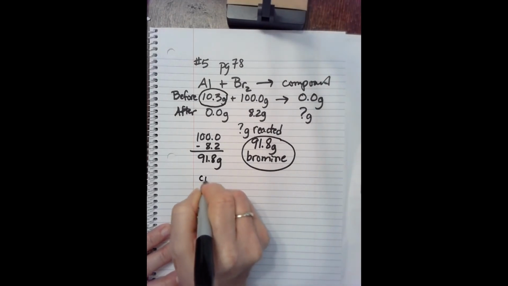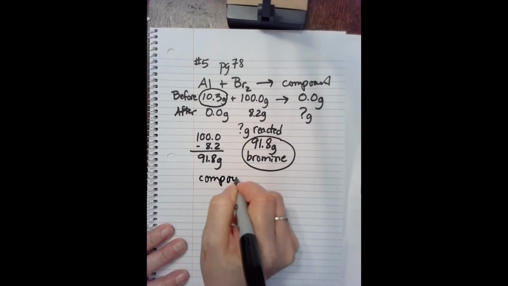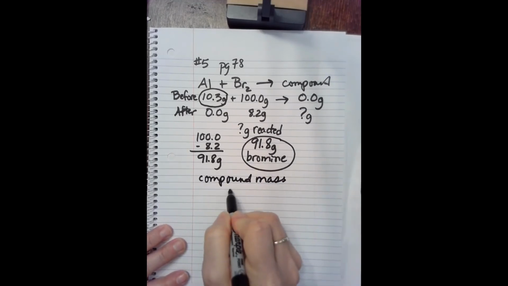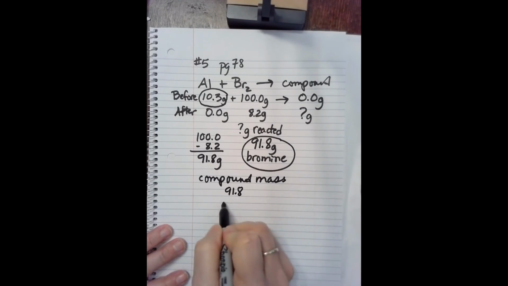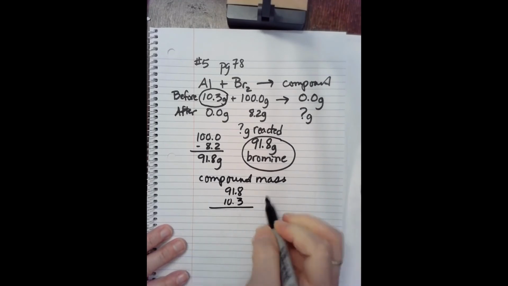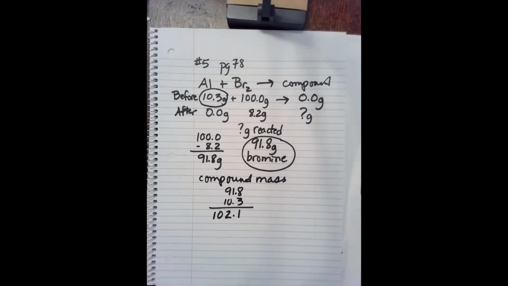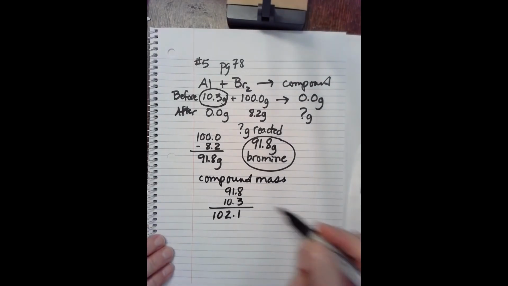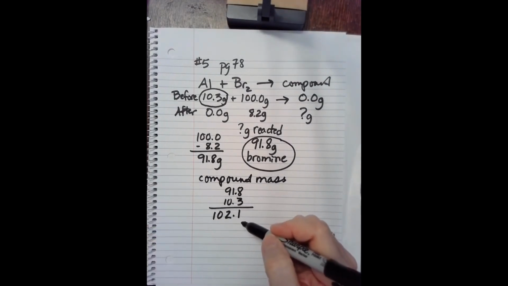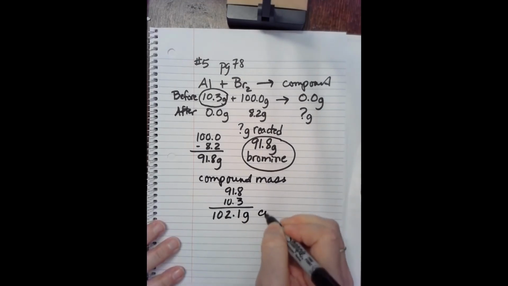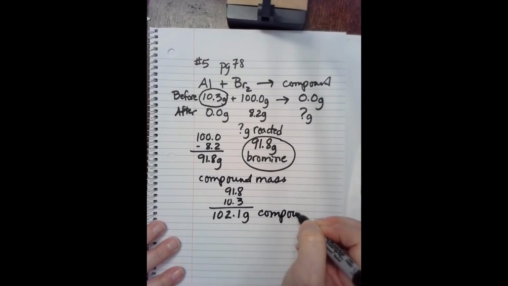So the compound mass would be 91.8 and 10.3, for 102.1 grams of the compound.